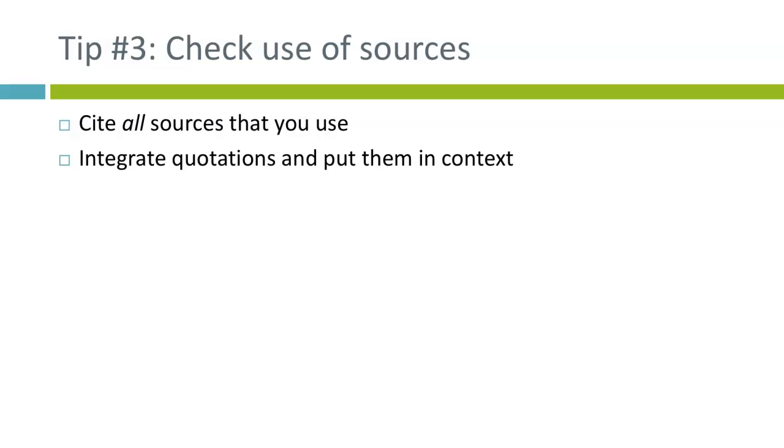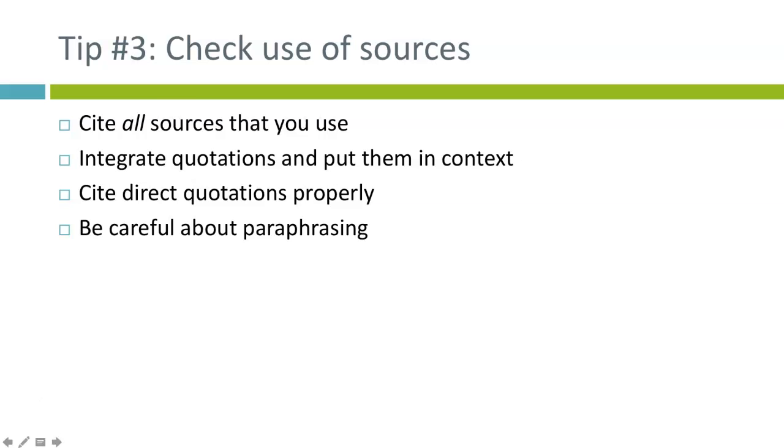The other thing that we talked about was after you use a quotation, take a little time, a sentence, 1 sentence, and put the quotation in context. Don't assume that simply by using the quotation, it's self-evident to your reader why you have used the quotation, what it means. If you are using direct quotations, make sure that you are citing them properly, and that means 3 pieces of information: the author's last name, the year of publication, and the paragraph number or page number.